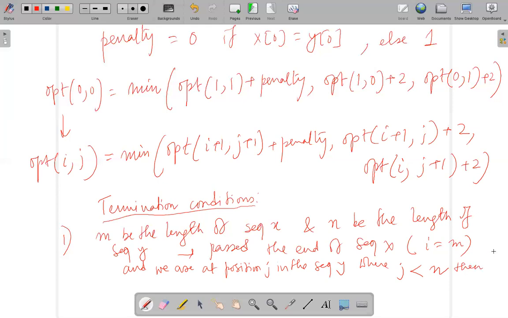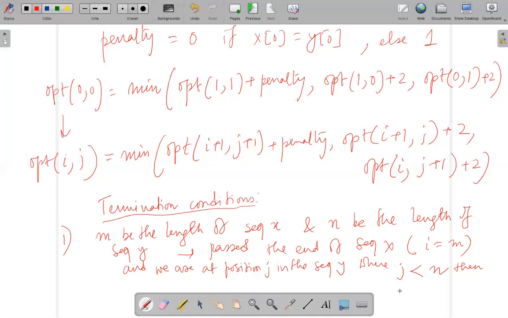We have to insert. So the sequence X has finished while the sequence Y has not finished, and there are some places at the end which need to be filled up, which is from the j plus 1th position to the nth position. So these positions therefore need to be filled up with gaps.